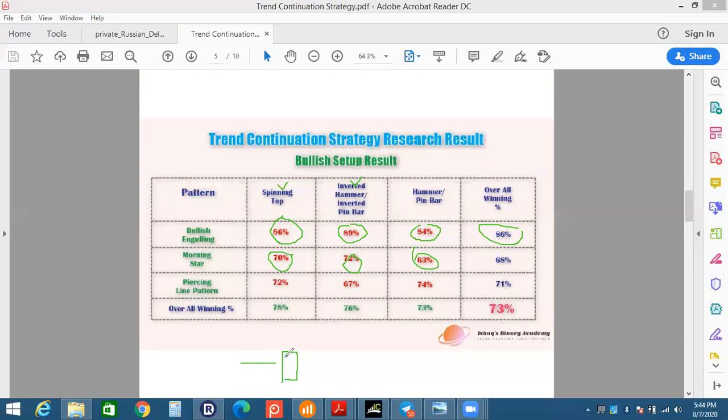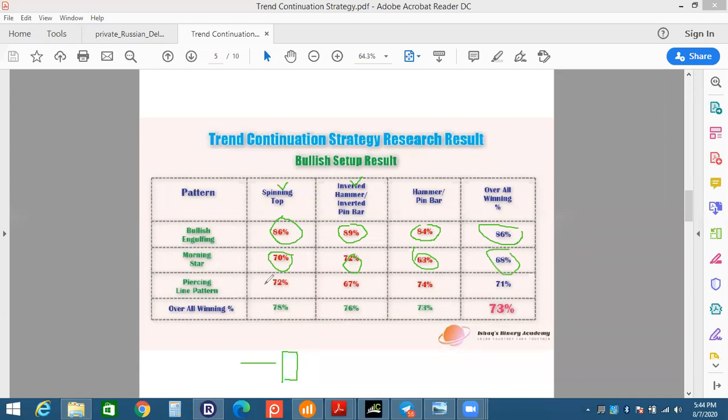But if you are taking all the morning stars in the downtrend, in the uptrend, everywhere, whether it crosses the red one or not, then the probability is 70, 72, 63. Overall percentage is 68.